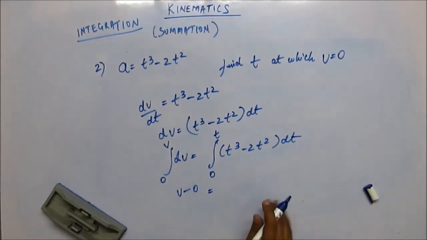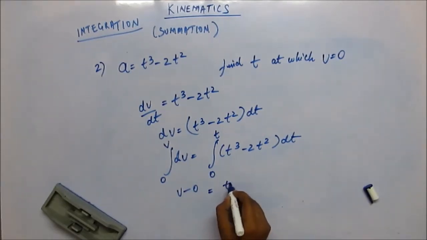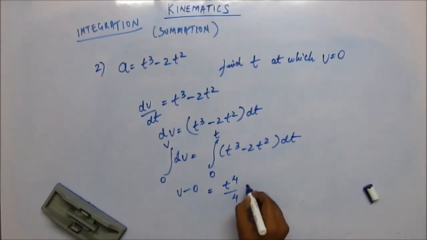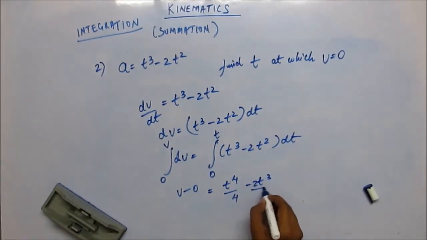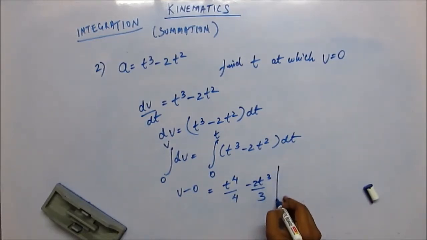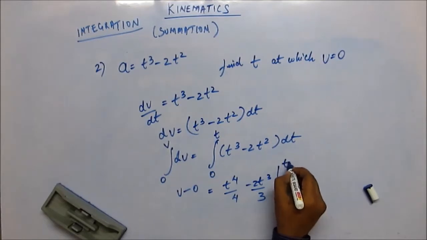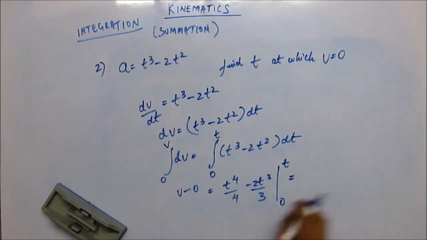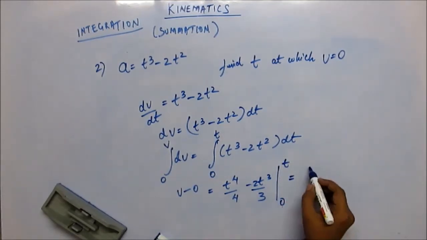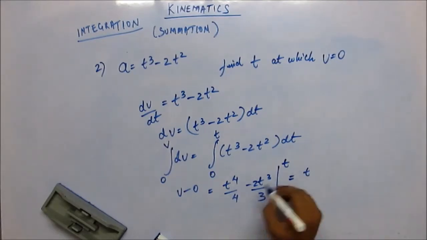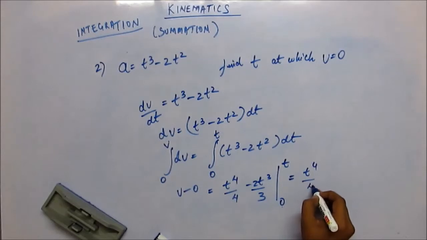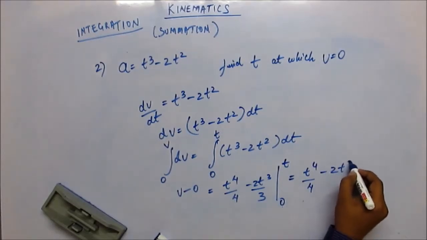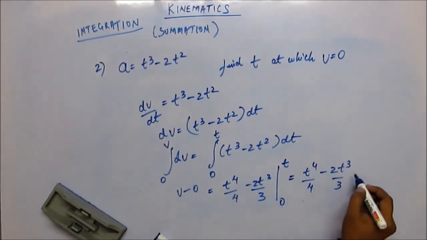Now we integrate this normally as we do. t to the power 4 by 4 minus 2t cube by 3. Now once we have integrated this, then we put the limit 0 to t. Now what we do is we put the upper value. Upper value is t, so simply putting t in the function, t to the power 4 by 4 minus 2t cube by 3.